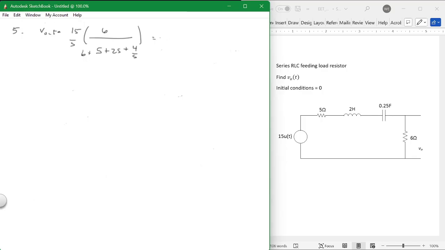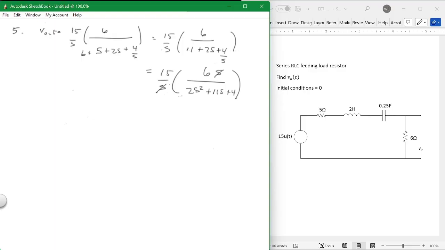Okay, so it's 15 over S times 6 over 11 plus 2S plus 4 over S. So I have 2S squared plus 11S plus 4 over S, and that S comes up here, and those cancel out.